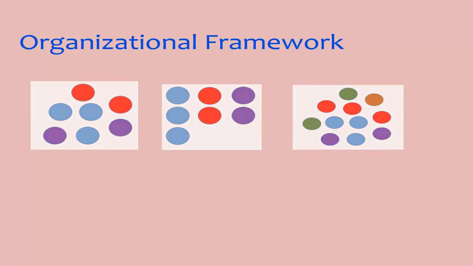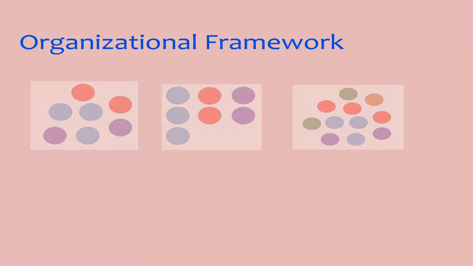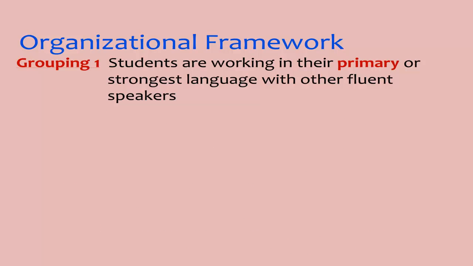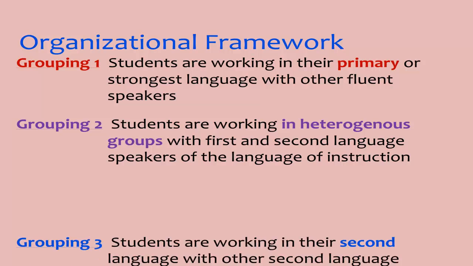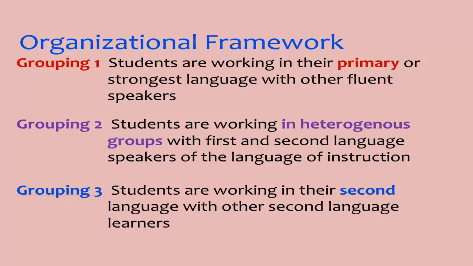Today's teachers need to become particularly adept in this area. In linguistically diverse schools, teachers will find themselves working with 3 different groups of students: primary language, linguistically heterogeneous, and second language groups, each of which provides necessary opportunities for the students and places particular demand on the skill sets of their teachers.